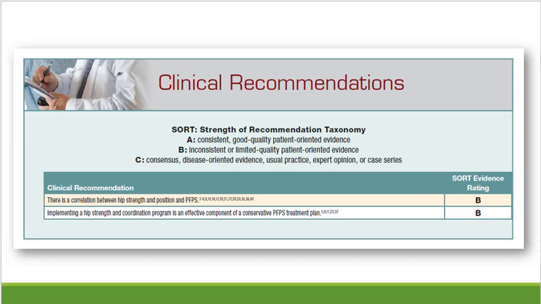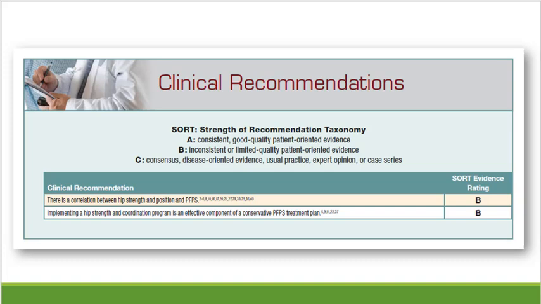You might see things like this, the SORT statements, the strength of recommendation taxonomy. Sports Health, again, asks for these. These are qualitative statements that are provided with a semi-quantitative measure. And in this particular one, this was another review that I did with Eric Medra. In this paper, we were looking at hip strength and patellofemoral pain.